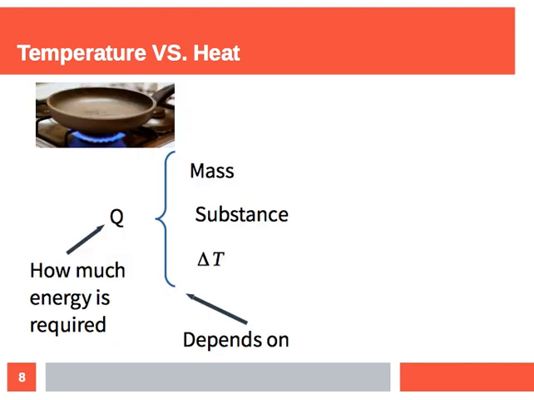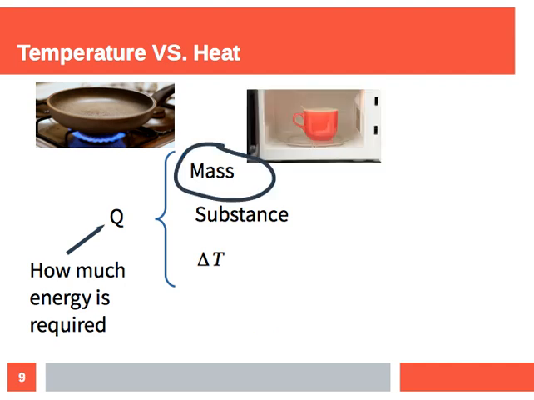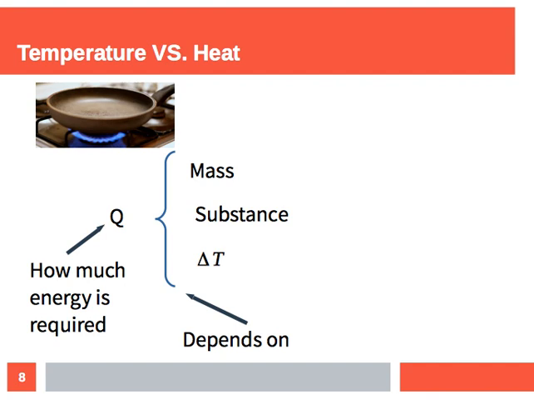Okay, so how much energy is required depends on what you want to heat up. For example, if you want to heat up something that is bigger, it depends on the mass, okay? So it depends on mass, the type of substance, and the delta T. So we have to find a way to get the property of how much heat a given substance needs.